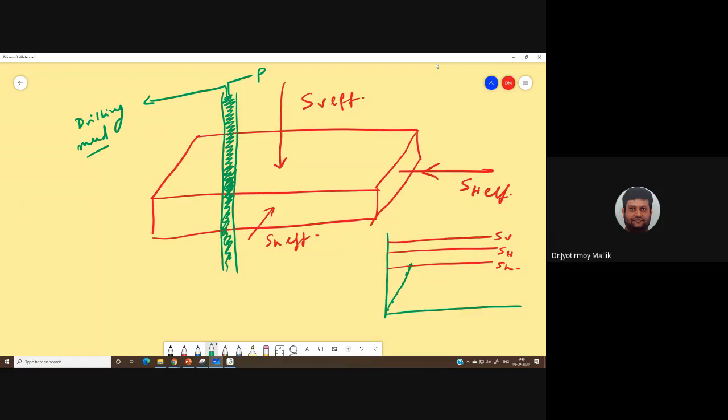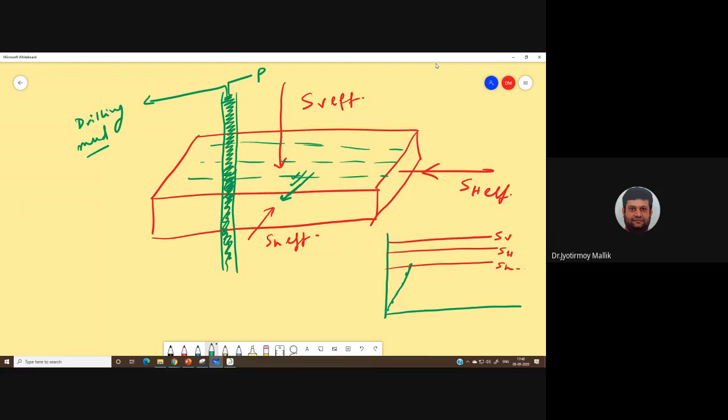So I am slowly increasing this value, and there will be a point when this pressure P will be more than S small h. And what will happen then is this rock will be fractured. This rock will break.